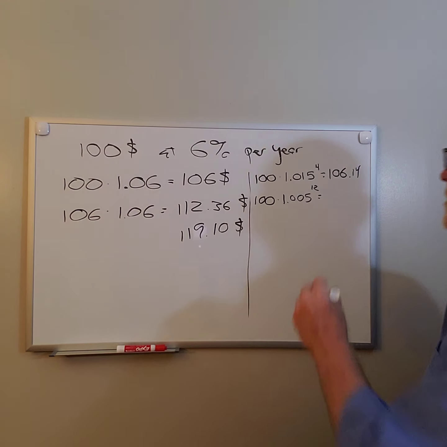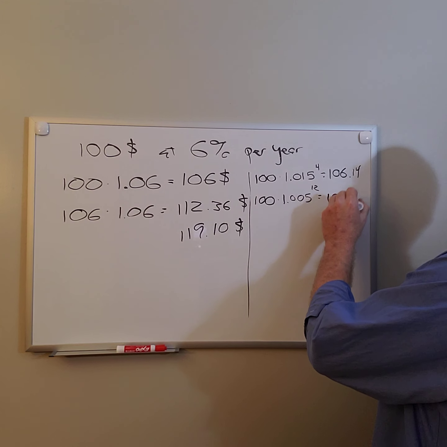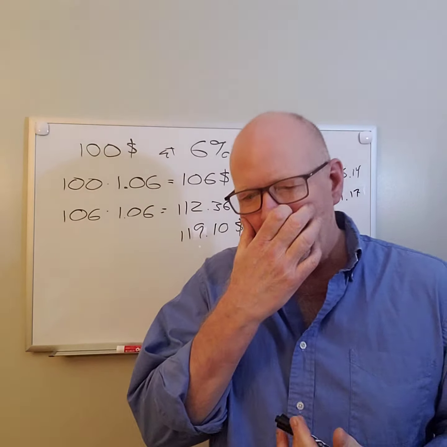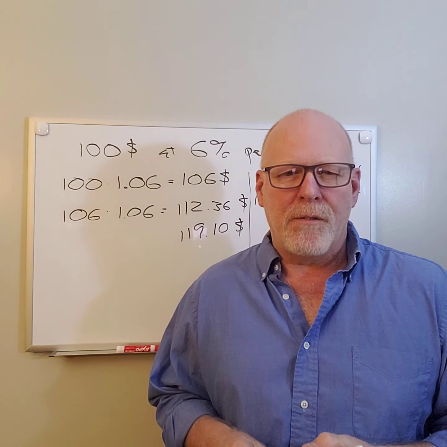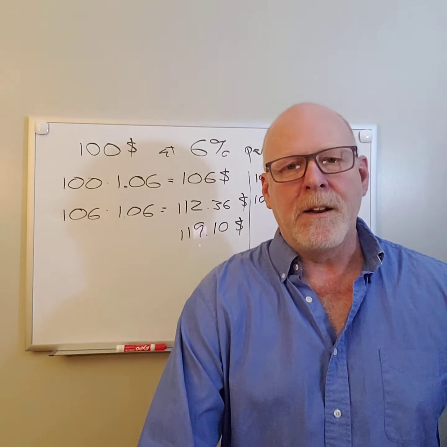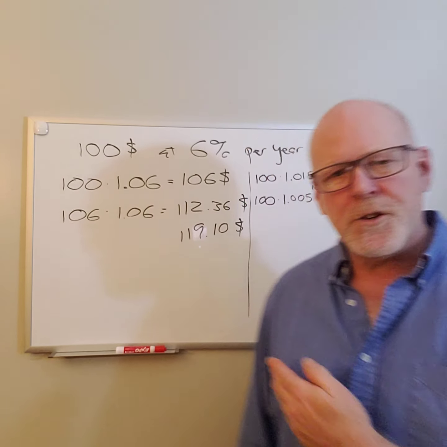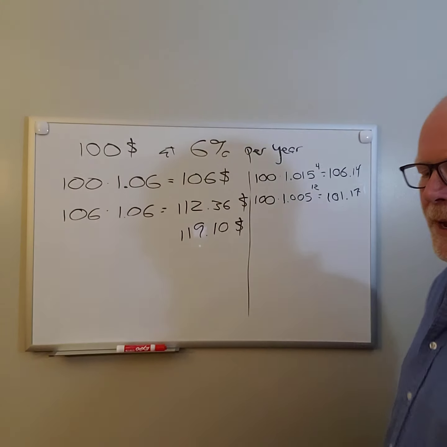That gives me $106.17. And we could go on and do this every day, every hour, every minute, but there's really no point in that. You get the point, which is the more often you compound it, the more interest you get. That's why we have compound interest.